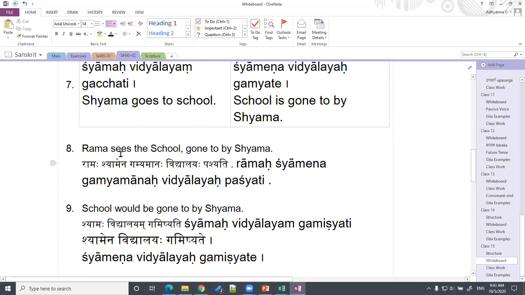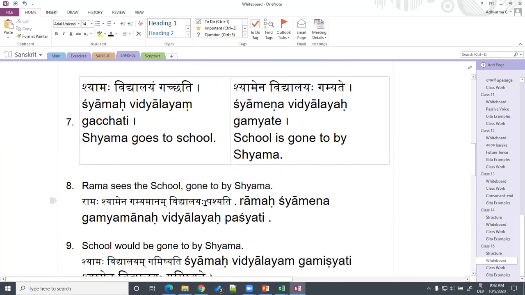Just like in the present case, we made this participle Ramaha Shyamena Gamyamana Vidyalaya Pashyati. Sorry, here I made a mistake actually. Because the school is in the second case, it will be Gamyamanam. The second case would be used. So Gamyamanam Vidyalayam pashyati.